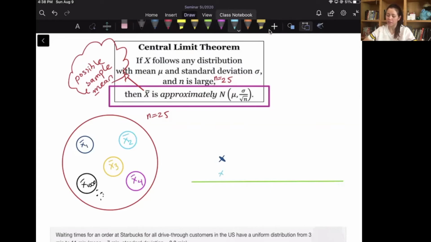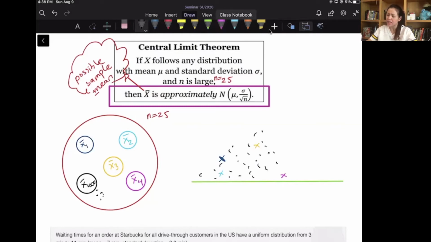The average of sample 3 maybe is here. The average of sample 4 maybe is here. And I'm going to have 1,000 of these dots, 1,000 samples, so I'm going to do it 1,000 times on this number line.